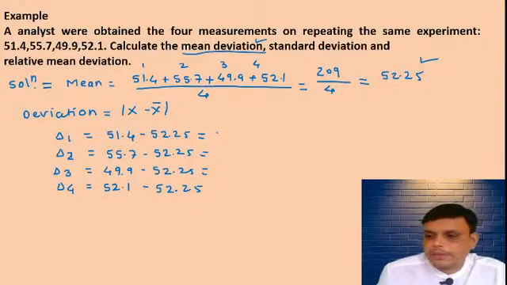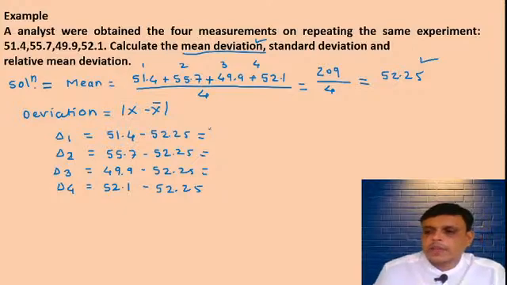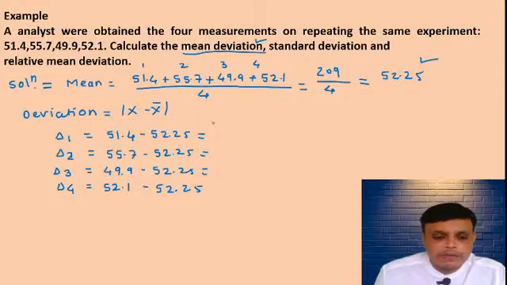How much is del 1? 51.4 minus 52.25, how much is this?